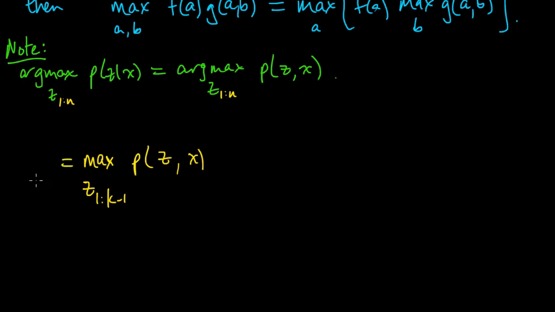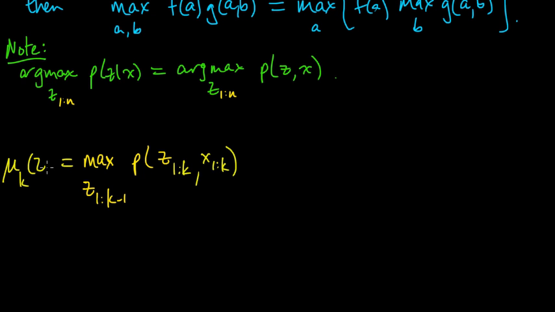The quantity that we're recursing on is the max over z from 1 to k minus 1 of the probability of z from 1 to k and x from 1 to k.